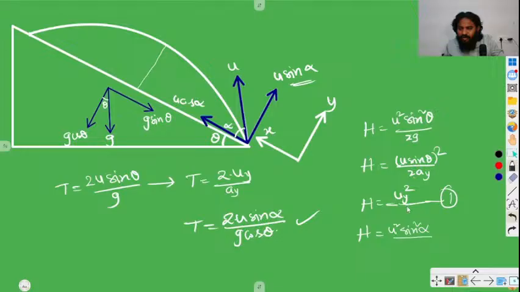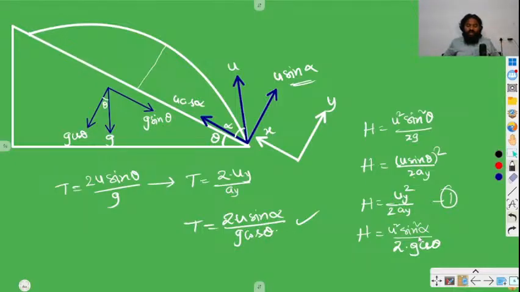So that is why it is uy square by 2 ay. So now what is ay? 2 into ay is 2 g cos theta. So very simple. Here along the y-axis also you have to consider the accelerations.